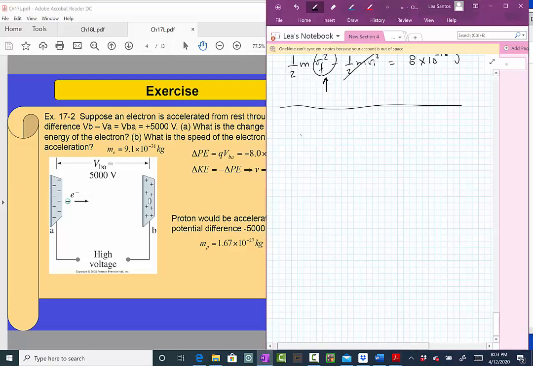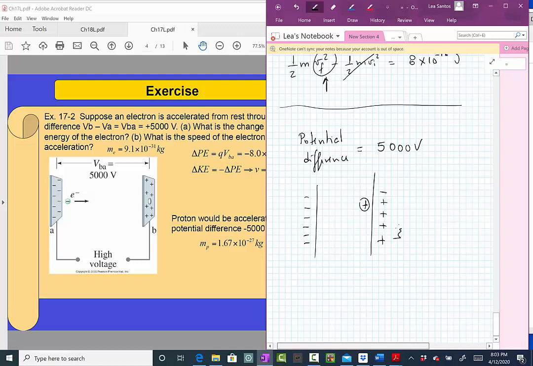What the problems give us is a positive value: the potential difference between these two plates is 5,000 volts. That's it.